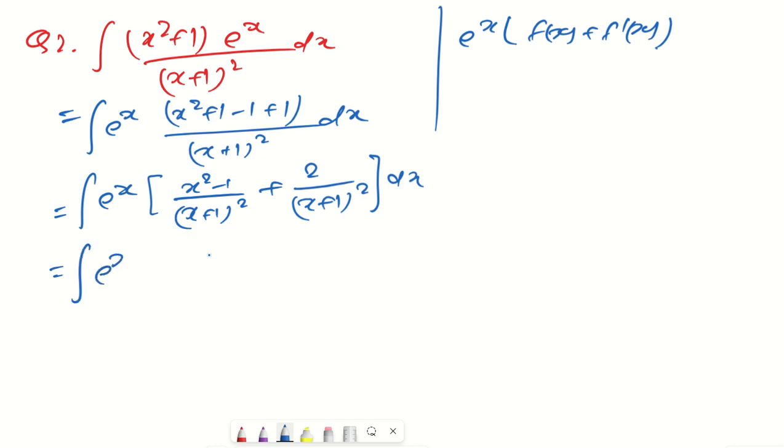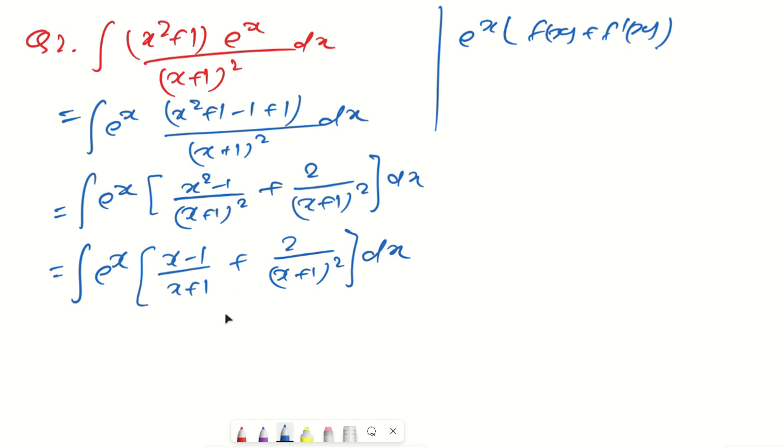So we will get e to the power x into [(x minus 1) by (x plus 1) plus 2 divided by (x plus 1) whole square] dx.